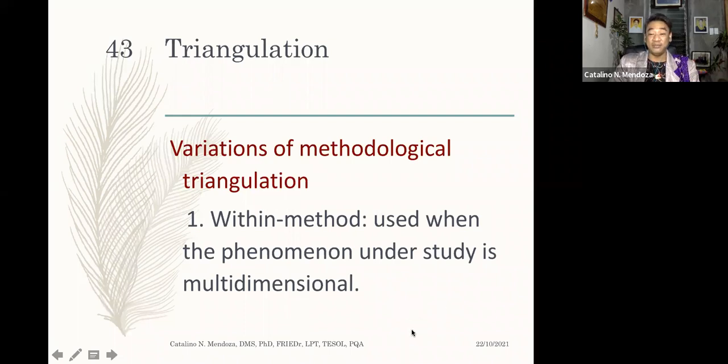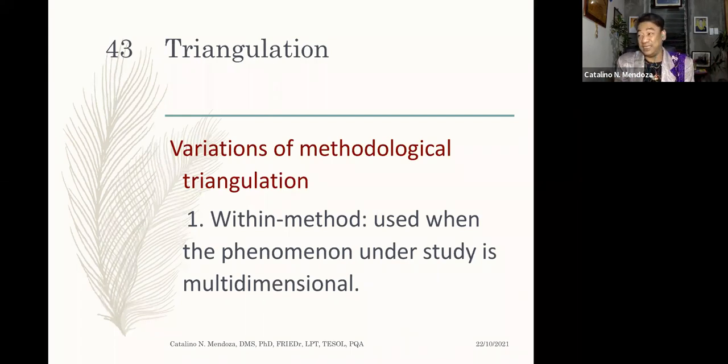Within method, used when the phenomenon under study is multi-dimensional. Meaning there are a lot of variables that you have to consider. So, let's say, for example, in one dimension you are supposed to apply two different methods, let's say narrative and case study.